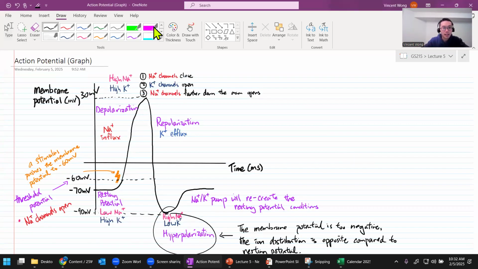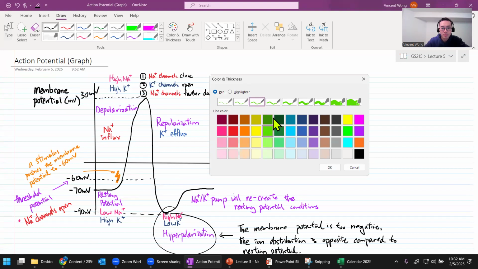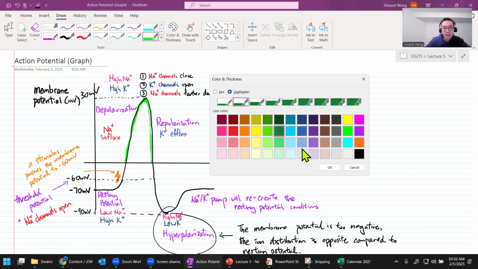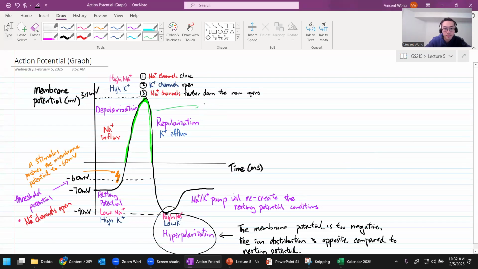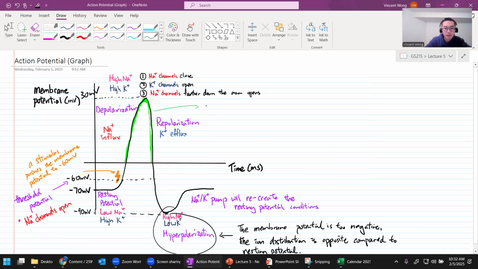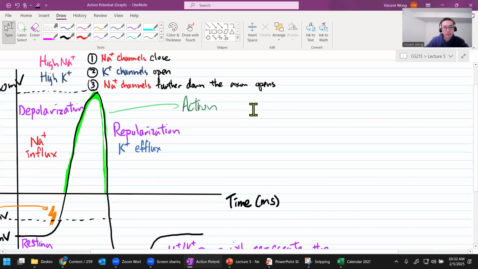So where is the action potential? Well, the action potential is referring to this portion of the graph. This portion of the graph is the action potential.